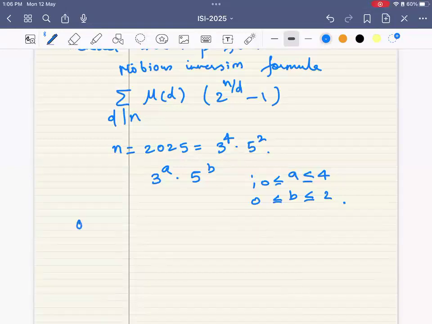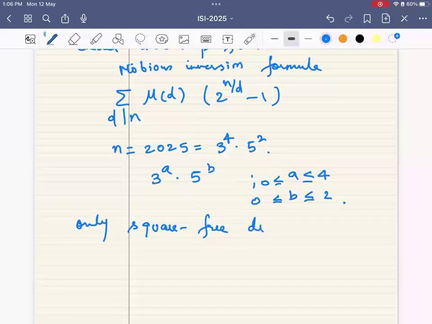Only square free divisors, where a and b are less than or equal to 1, contribute, otherwise mu of d is 0.